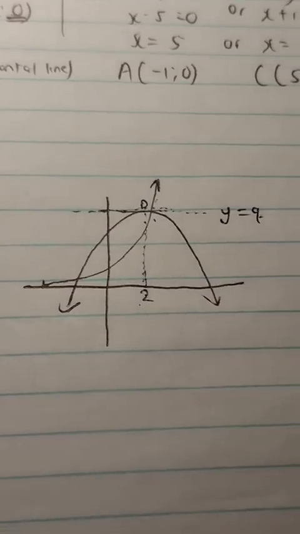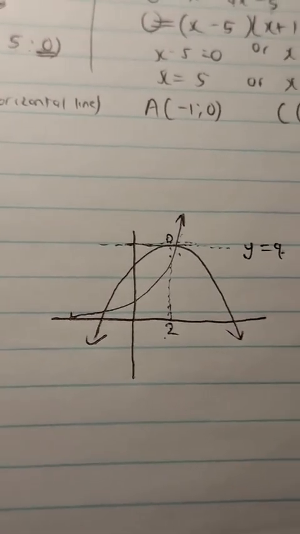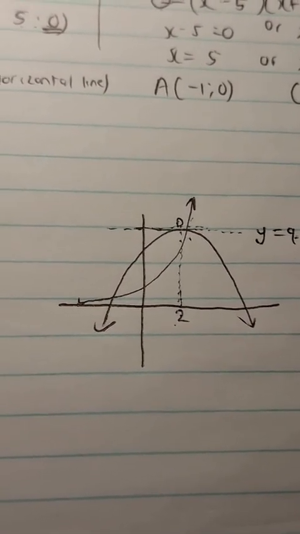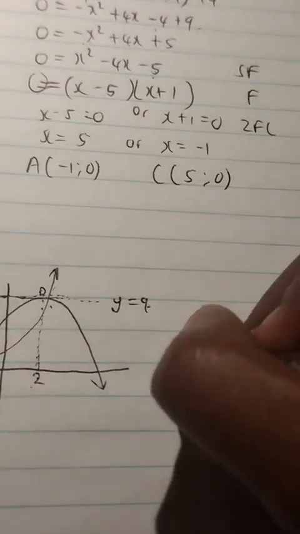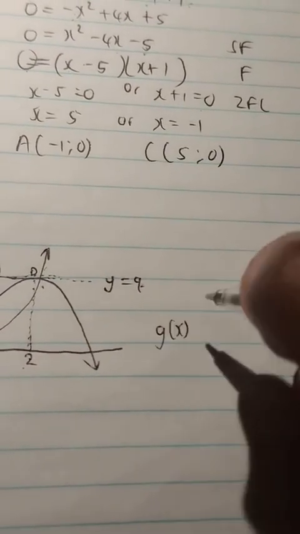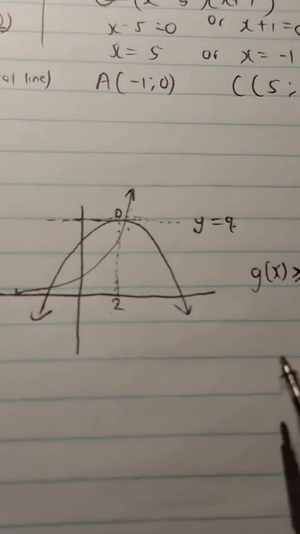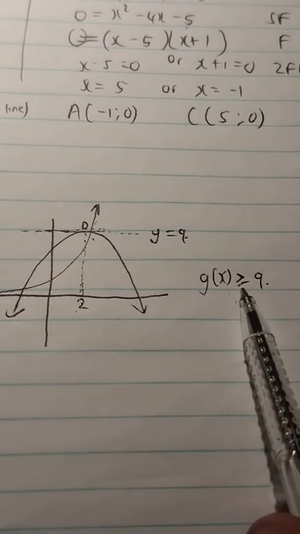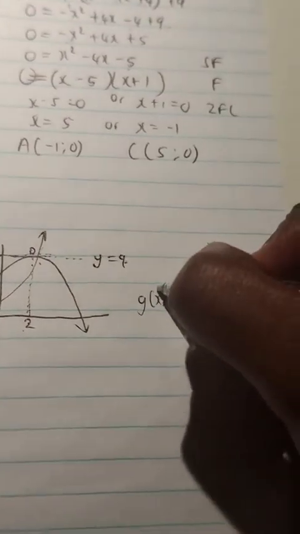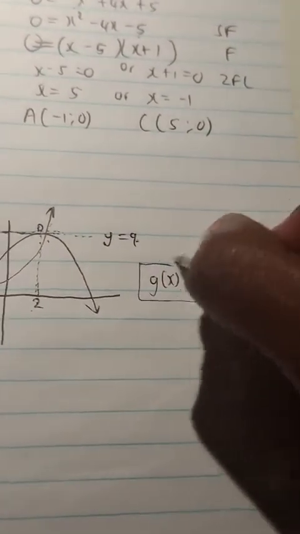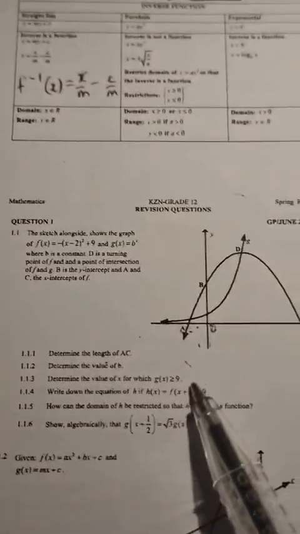Now they are asking us: determine the value of x for which g of x is going to be greater than or equal to 9. Which function are they talking about when they say g of x?